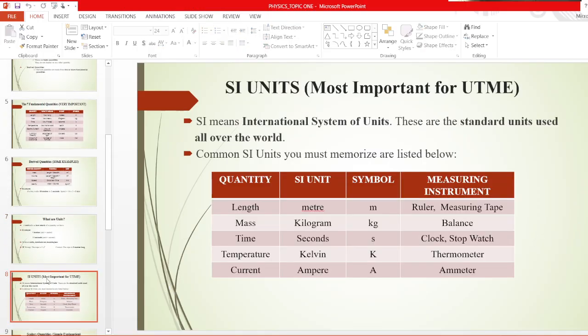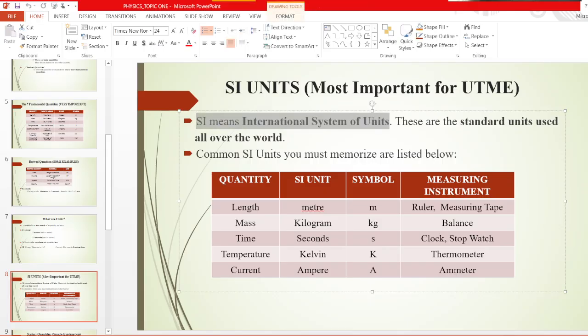Now let's look at the SI unit, which is very, very important. What is called SI unit? SI unit is the International System of Units. Just like our Naira is the appropriate means of buying things in Nigeria.